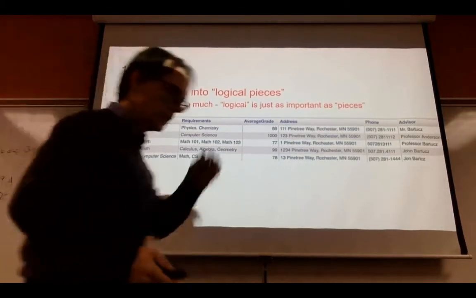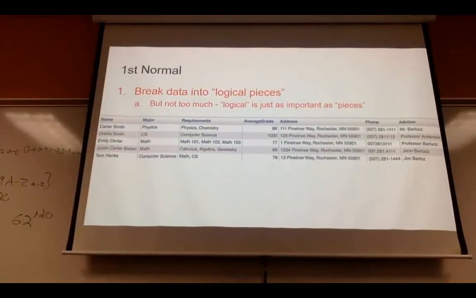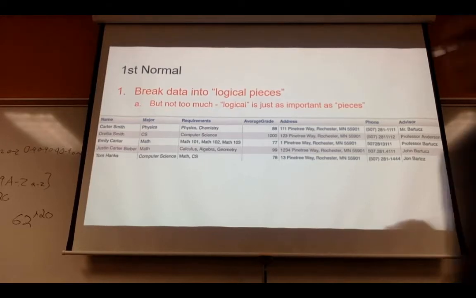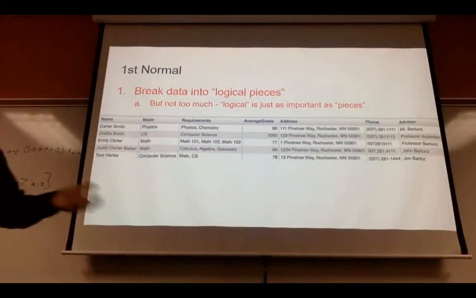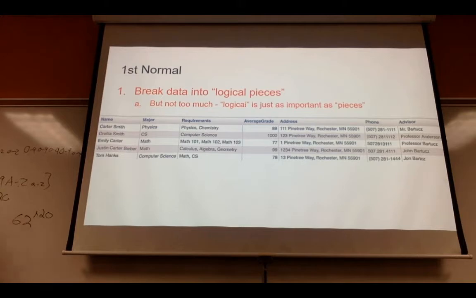First normal form, again, you want to break things down into logical pieces. And like I just said, not too much. Logical is just as important as pieces, right? So most of these columns have nothing to do with the student, as we talked about. A logical piece would be major. Have a table about majors, put the requirements in the major table.